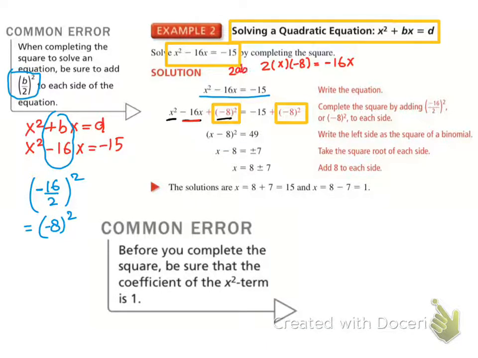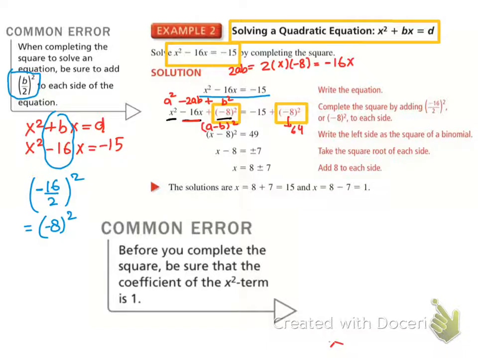This is a, this is b, and this is 2ab. When you compare it, that's going to be a minus b whole square. So you write x minus 8 whole square, and you just simplify the right hand side. 64 minus 15 is 49, and x minus 8 whole square is 49.